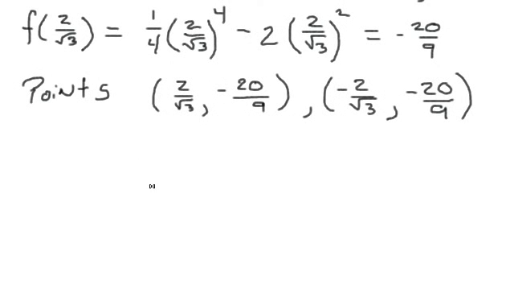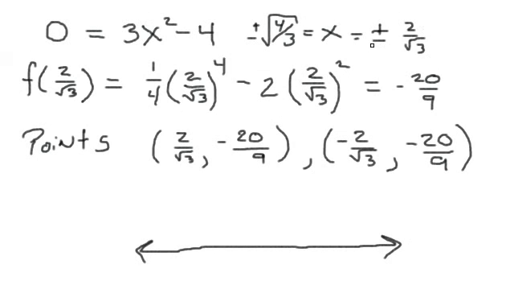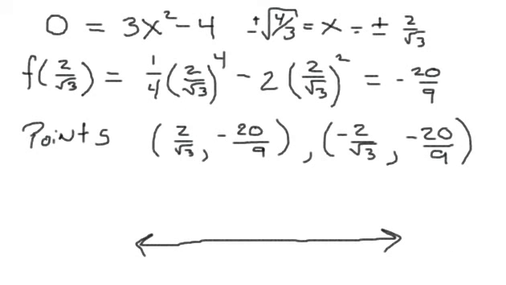Okay, so now we're going to draw a number line. And on this number line, we're going to plot these guys right here, 2 over the square root of 3 and negative 2 over the square root of 3. So let's do that.